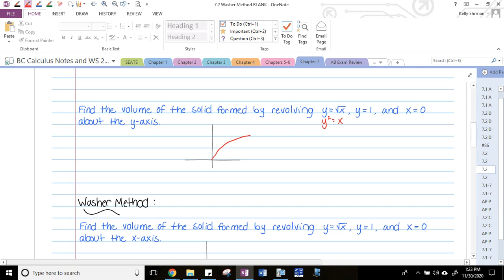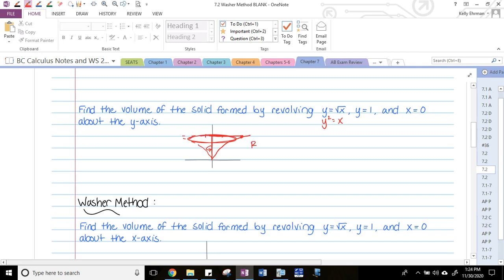So it's the same as x equals y squared, but just part of it. Y equals 1, so let's call this that there, and x equals 0, that. Revolve that around the y-axis. So it would form something like this little funnel type shape, right?